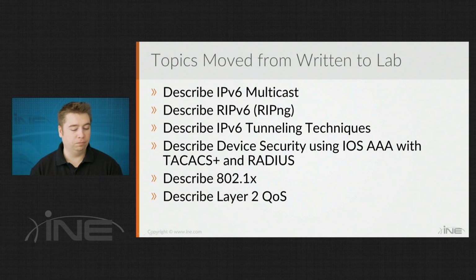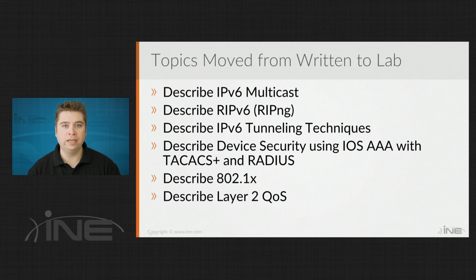Then layer 2 QoS. Since we're not doing hardware-based testing anymore, the platform-specific stuff is gone, which I definitely agree with here, because if you look at this from an implementation point of view, when you go to apply QoS on different platforms, most of the time you're not going to memorize how does this line card on 6500 do it differently than this other line card on 4500.